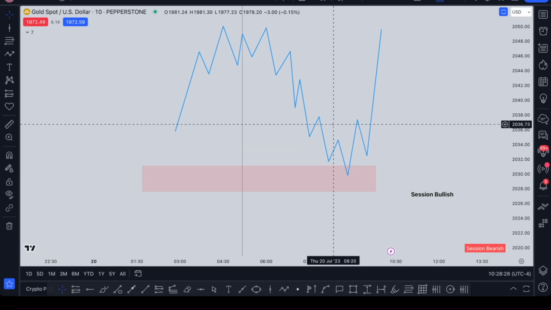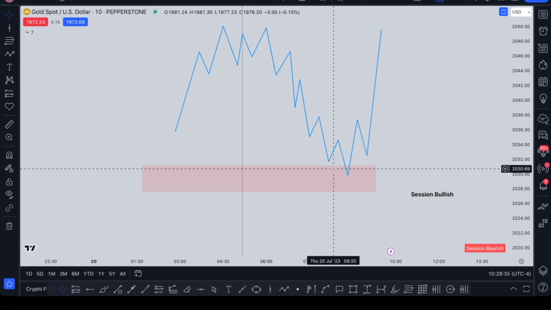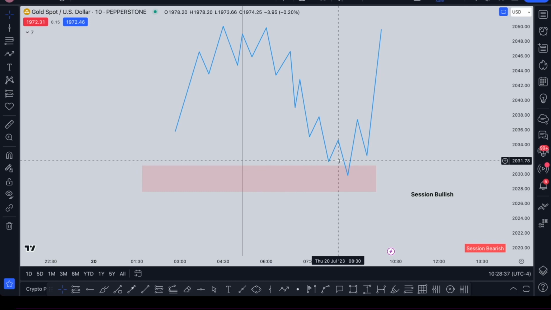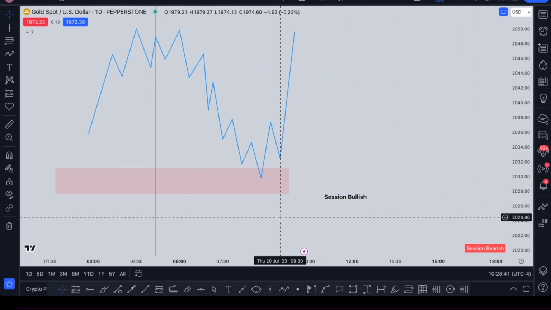Now you might have a question whereby you say, what if between 7:30 and 10 price closes bearish but it says it's bullish? Then we have a second qualifying condition.